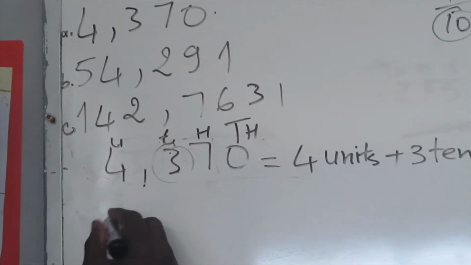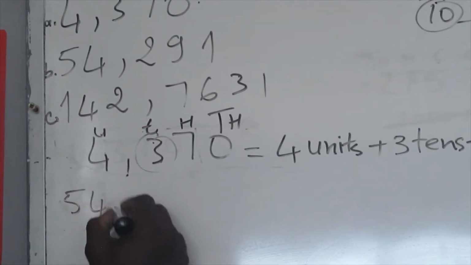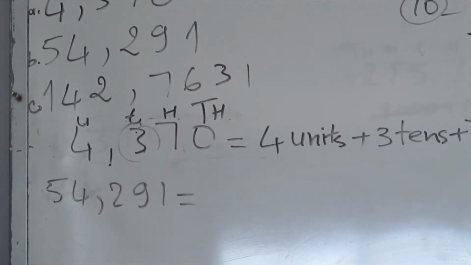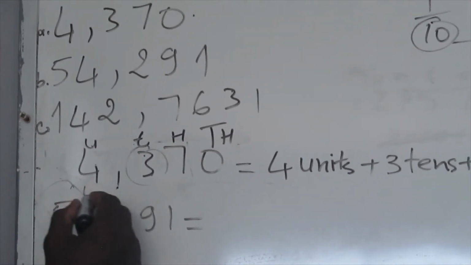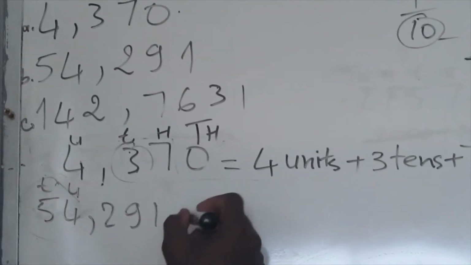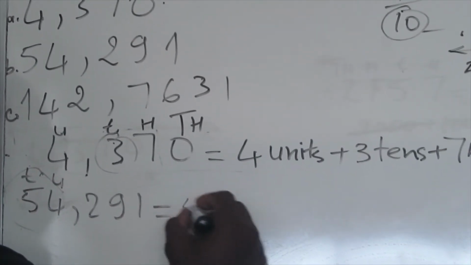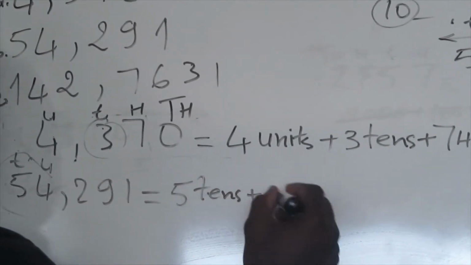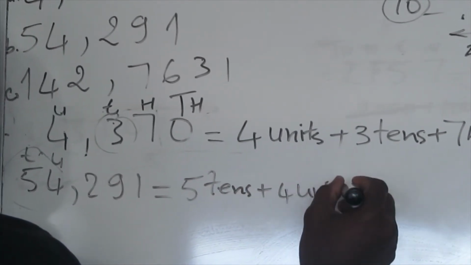Let us take the second example, 54,291. We say the same thing with the whole number first. We have units and tens, so we have 5 tens plus 4 units.